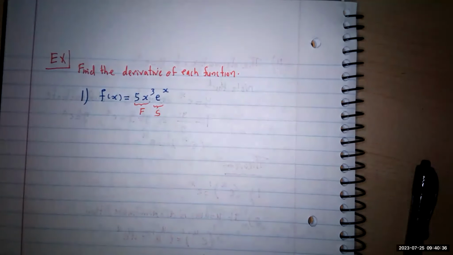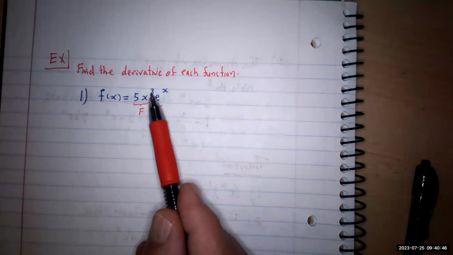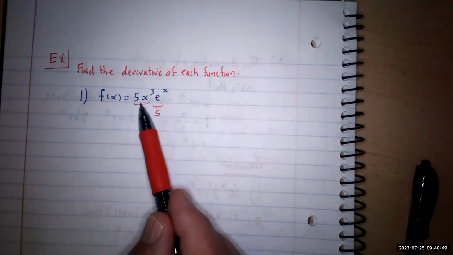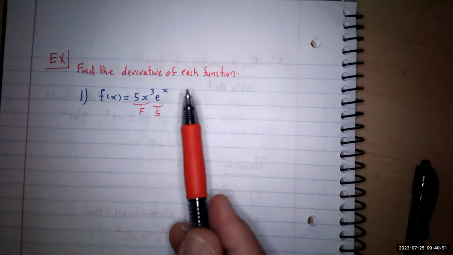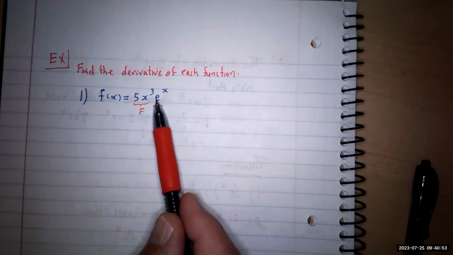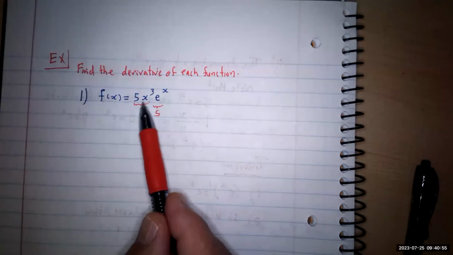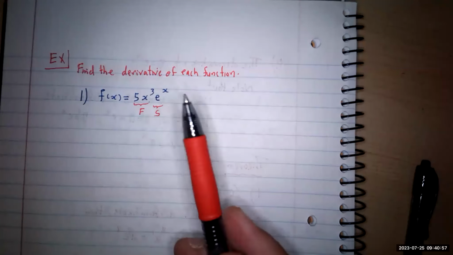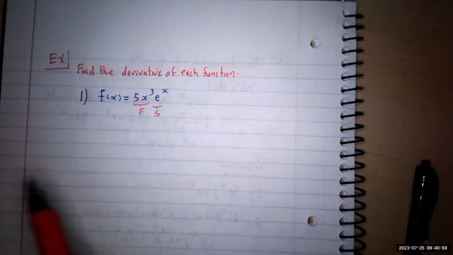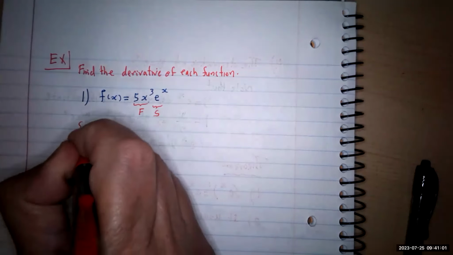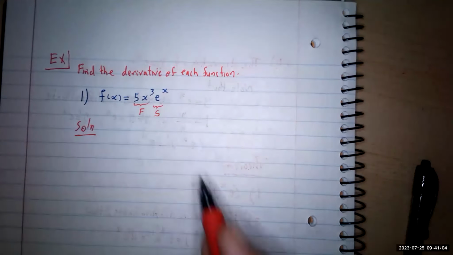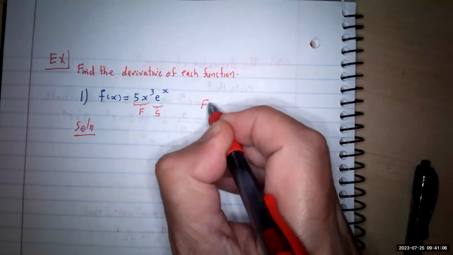So you have to apply the product rule. Derivative of the first times second plus derivative of the second times first. Derivative of the first one is easy. 3 times 5, 15x squared times second e to the x plus derivative of the second times first, e to the x. Derivative of e to the x is e to the x. So we get the same thing. Okay, so this is going to be the solution. Remember that you have to apply the product rule.